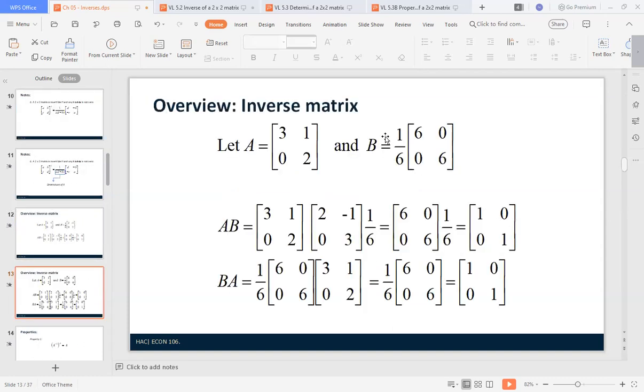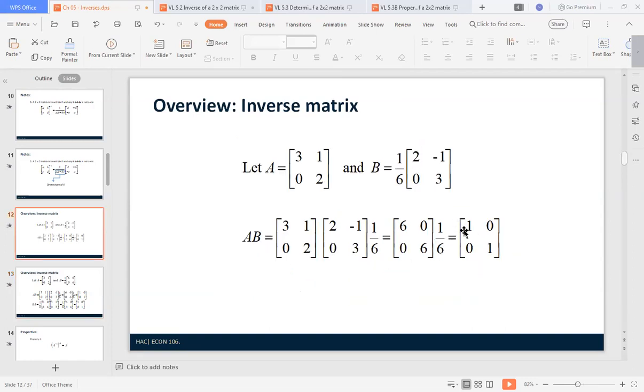So for example, let's say that we have proven that B is the inverse of A here. This just tells us that the product should be equal to an identity matrix. So matrix A is composed of elements 3, 1, 0, and 2, and we also have B there composed of elements 2, -1, 0, and 3. And take note, we have a scalar 1/6 there.